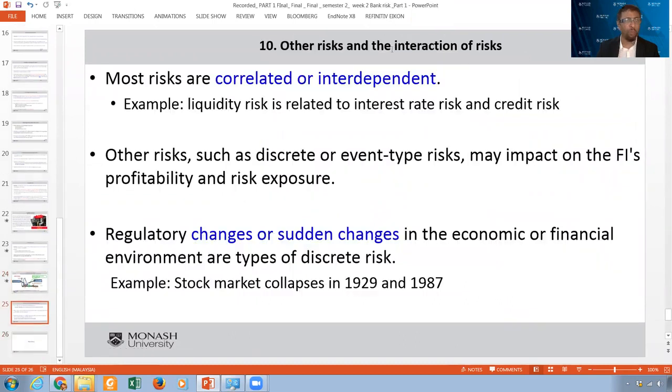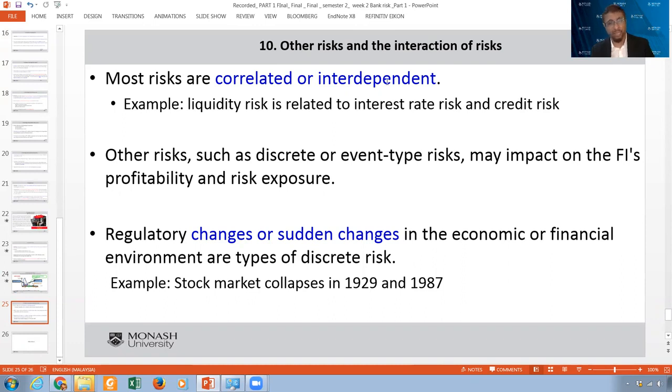Finally, we'll talk about interaction risks, and this is a fact of life. All those risks have marginal distributions, which means that if you have credit risk, that credit risk was created from some type of market risk.